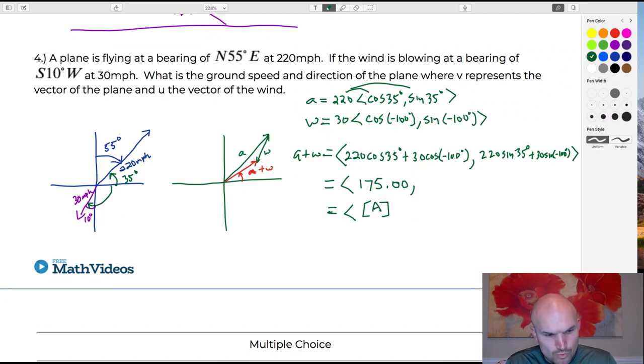And that's, whoa, that doesn't seem right. Let me try that again. That seems weird. 220, yeah, 220 times the sine of 35 plus 30 times the sine of negative 100. 96.